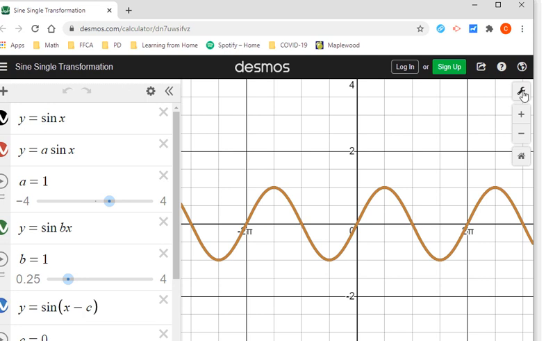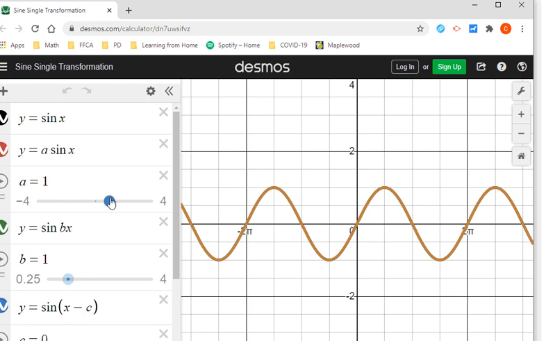So here, you'll see my red graph is a sine x. And if I change this a value, guess what's going to happen? If I make a bigger, what will happen to my graph? Yes. It'll get stretched vertically. So right now, what's the amplitude for this function? Yes, it is 1. So if I have a stretch factor of 2, guess what the amplitude is?